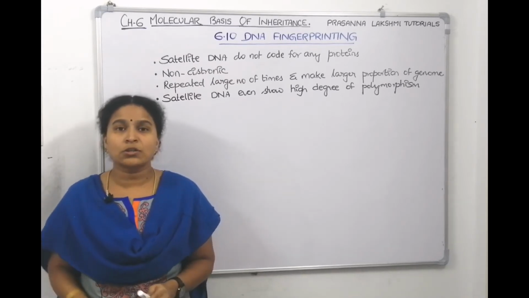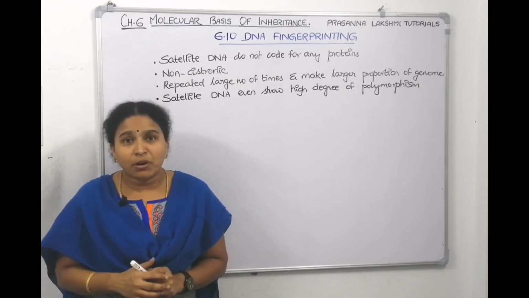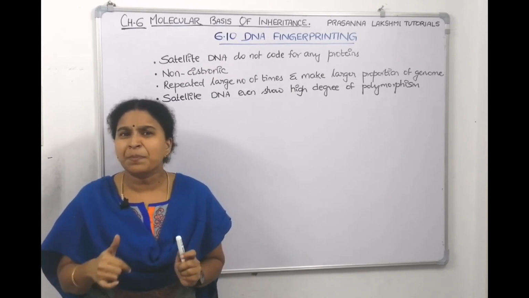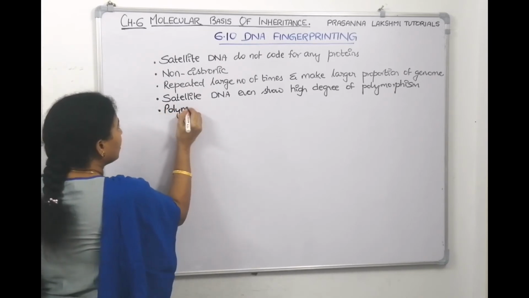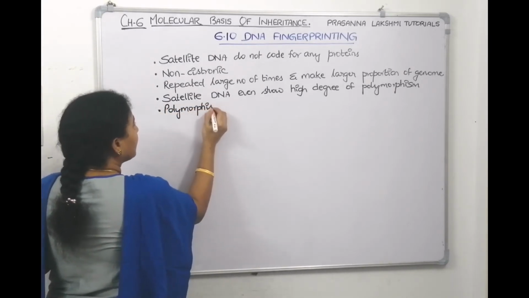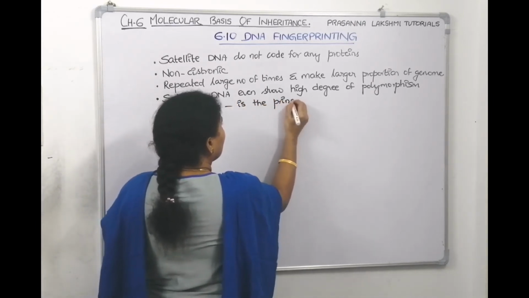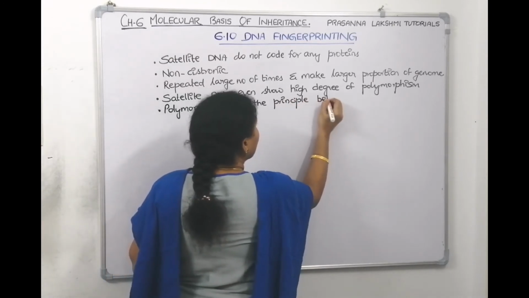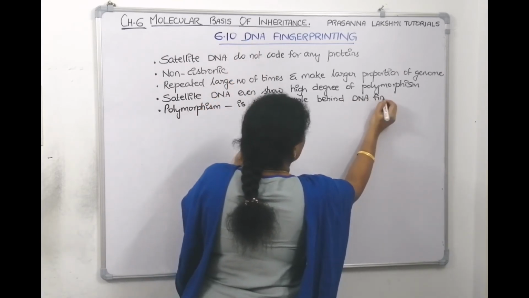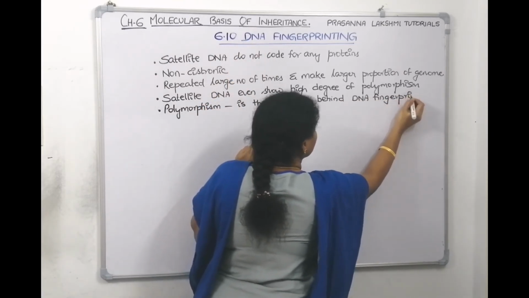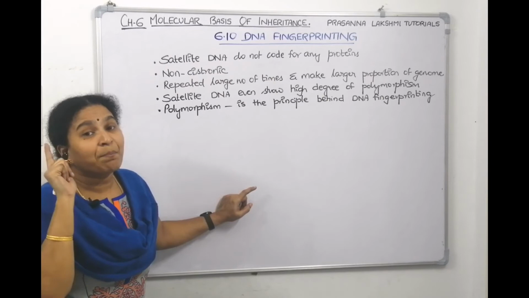In DNA sequences also, if there are changes, we call it polymorphism. Polymorphism is the principle behind the DNA fingerprinting technique, and it is also the principle behind genetic mapping.